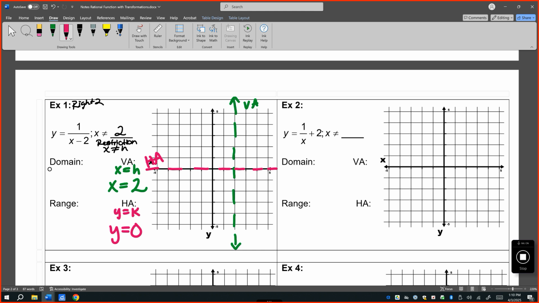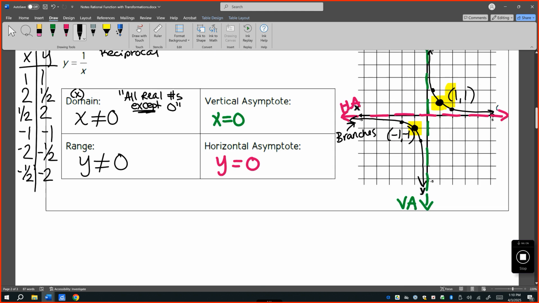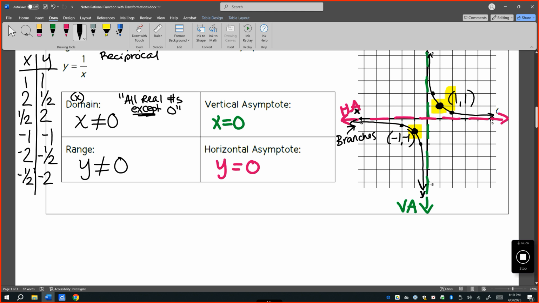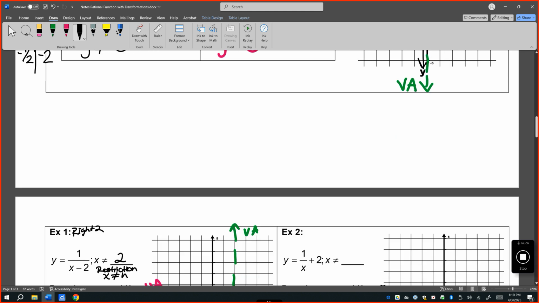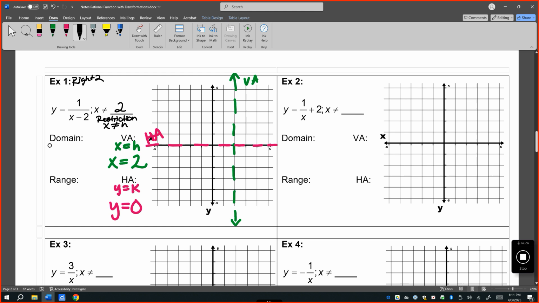Okay. Once you have the asymptotes on there, now you have to graph the branches. Okay? Now remember those anchor points we did over here? 1, 1, and -1, -1? We plot those, but you're going to count them from where your asymptotes intersect. Okay? So I'm going to find where my asymptotes intersect, and I'm going to count 1, 1, and -1, -1.